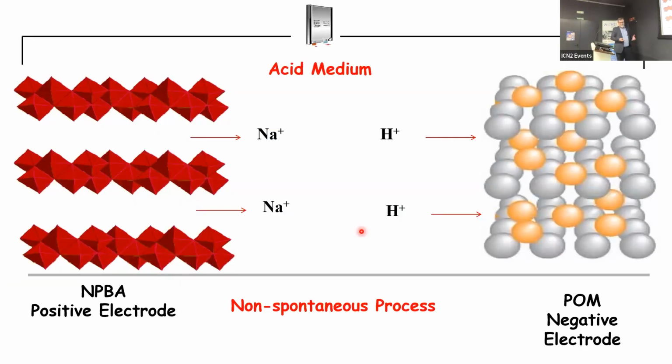And during the neutralization process, we can put in alkaline ions. So in this case we have used Prussian blue analog to harvest the energy from the change in sodium and potassium ion during the neutralization.